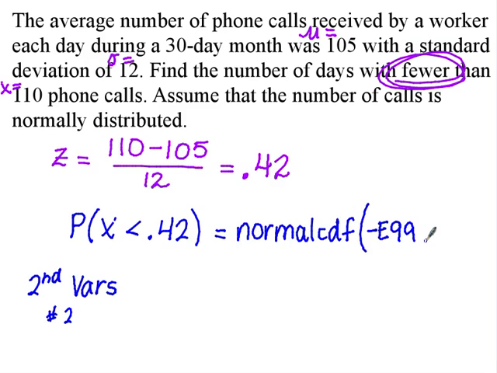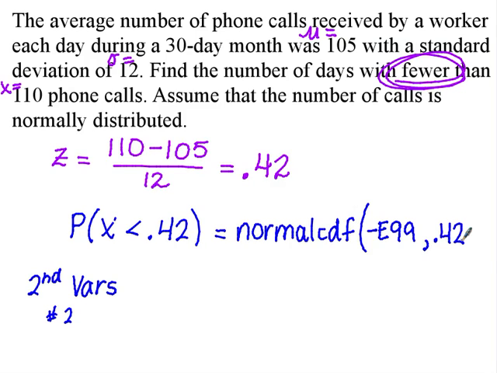Then what you're going to do is hit 0.42. Yes, you have to put a comma. If that's what we need to have, if it looks like yours, that's what we need to have. If it doesn't look like mine, this is what you need to have.